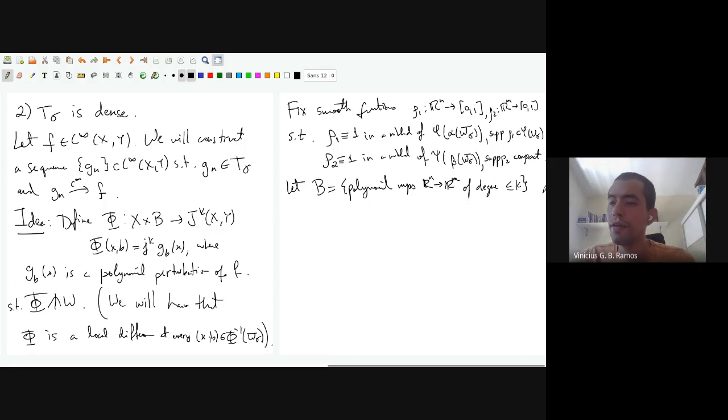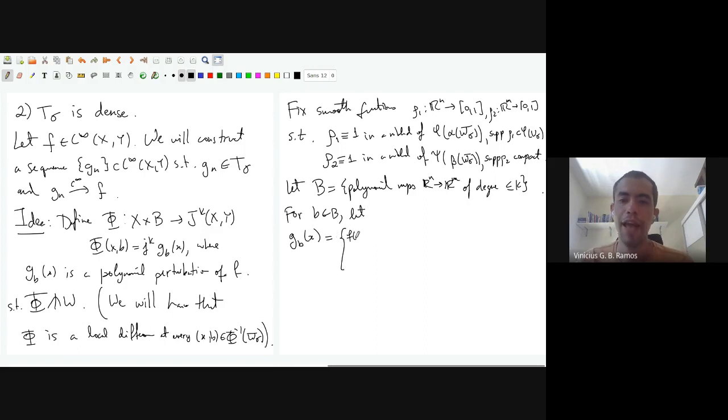Okay, so now I'm going to define my perturbation. For b, a point in B, I'm going to let G_b of x be a perturbation of f.